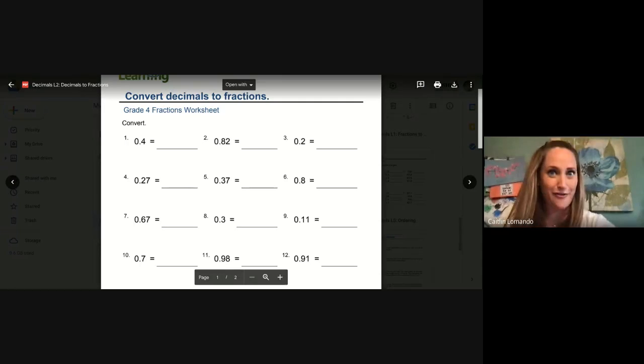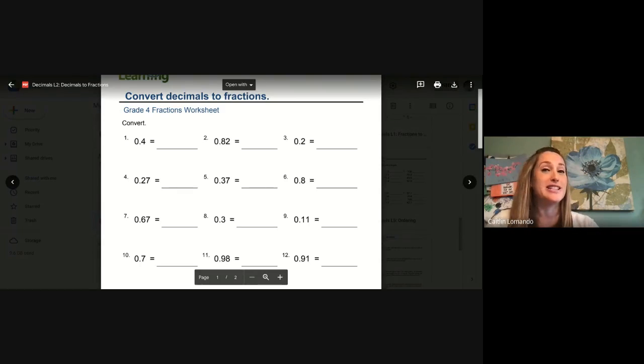So we have, for number 4, 27 hundredths. For number 5, we have 37 hundredths. And for number 6, we have 8/10. So let's pause here and see if we can write these 3 decimals as a fraction.